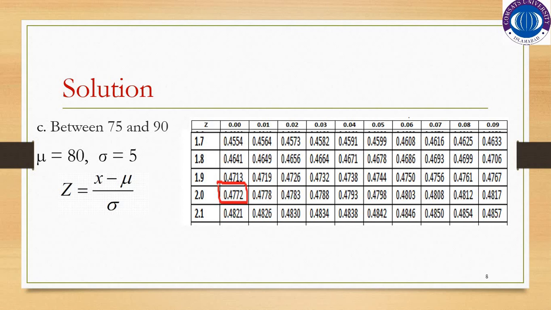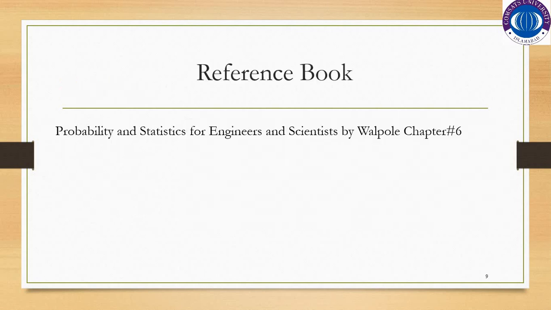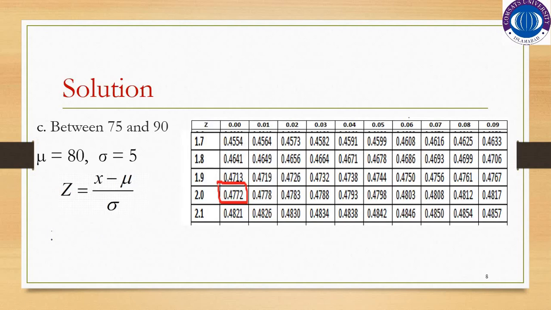Now you have to find the probability between 75 and 90. By substituting the values, you can find out probability Z1 less than or equal to Z less than or equal to Z2, and by drawing the graph you will see that here is the mean 0 and you can locate 75 and 90, so it will be two values.